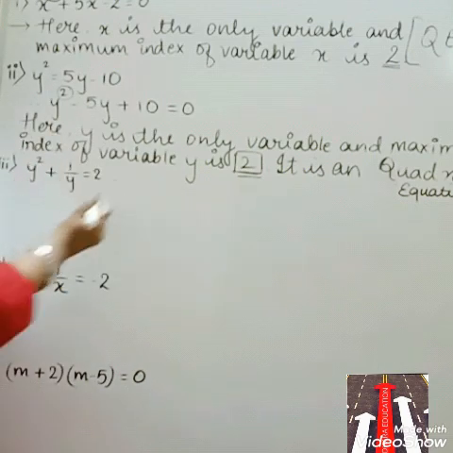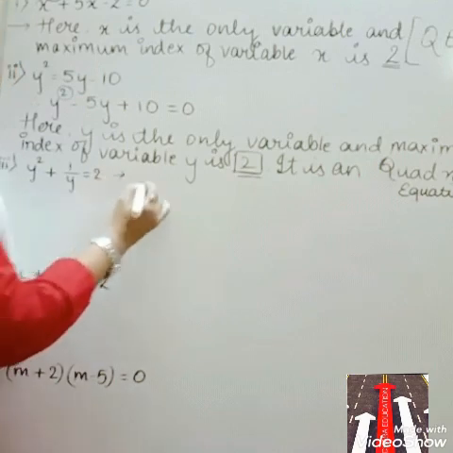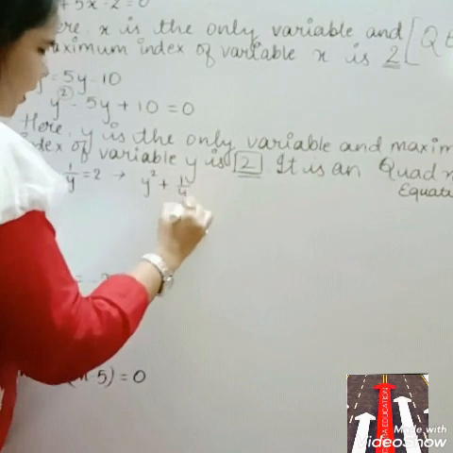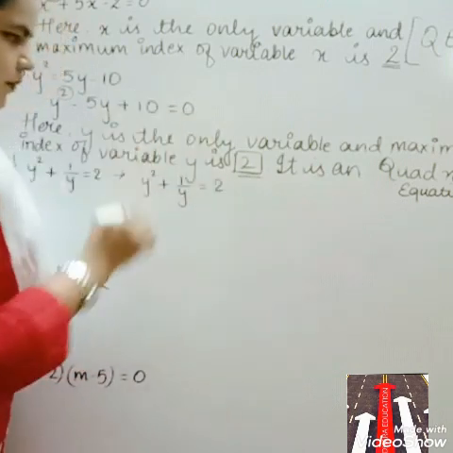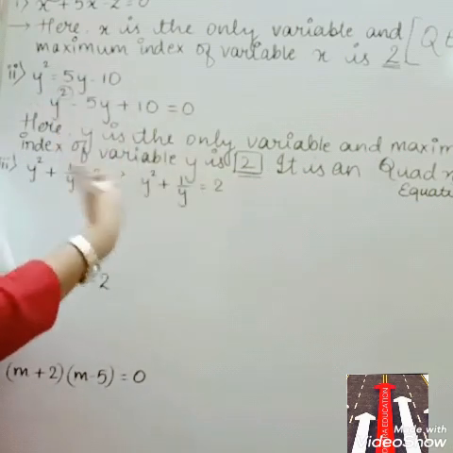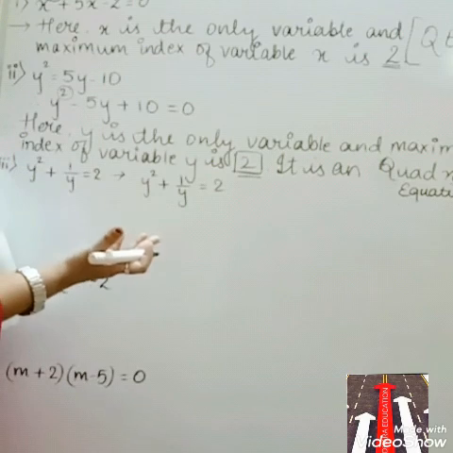See, the very first step is y square plus 1 upon y is equals to 2. If we multiply by y on both sides, what will be the sum?